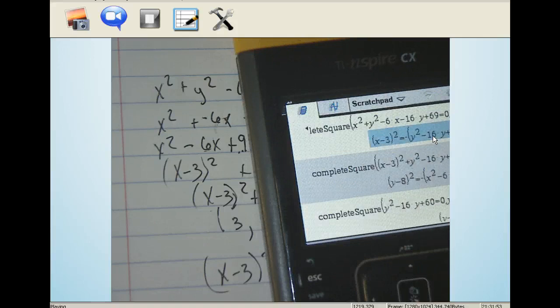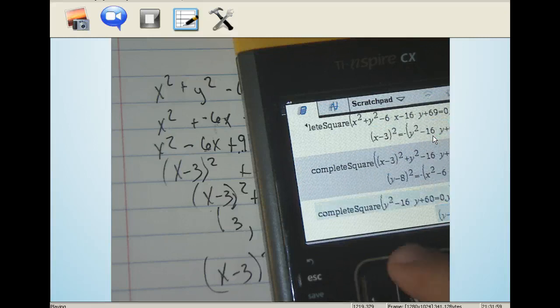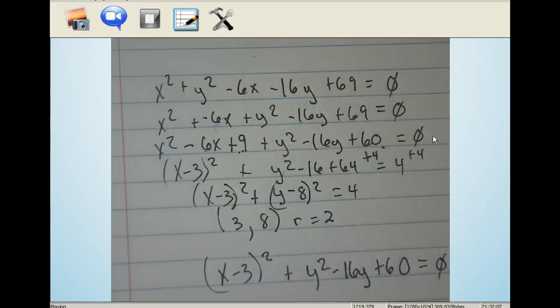When I completed the square for x, it said, hey, just x minus 3, and this is what would be left. And so I said, okay, what about completing the square on that side? And it said, well, you'd have y minus 8 would be your square, and you'd have equals 4 on the other side. I know that's a bit confusing, so next I'm going to do it again, and we'd end up like this.